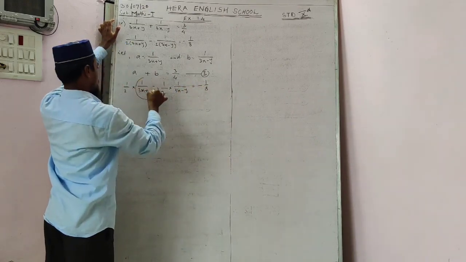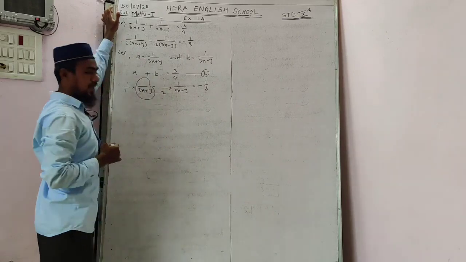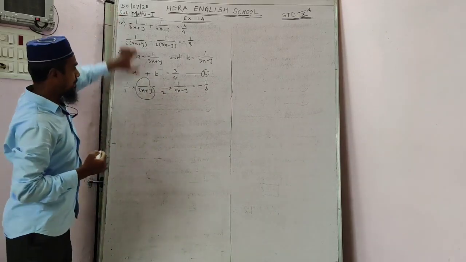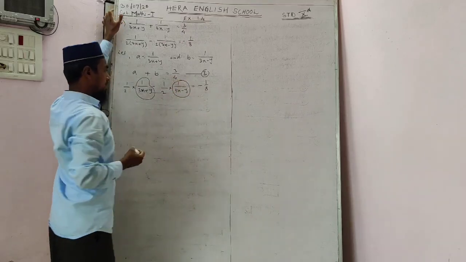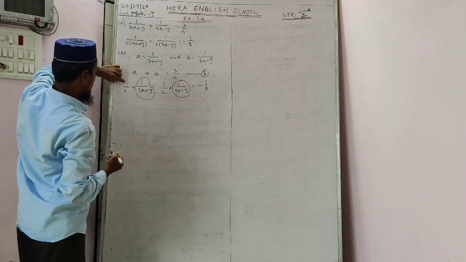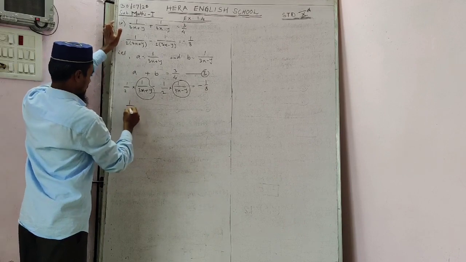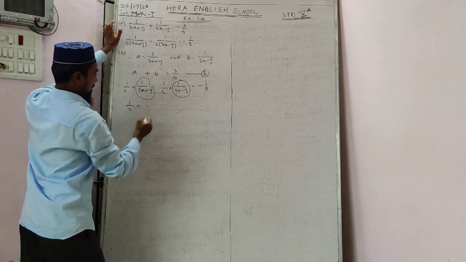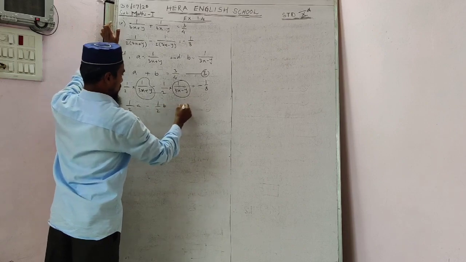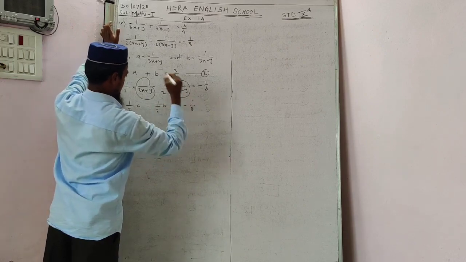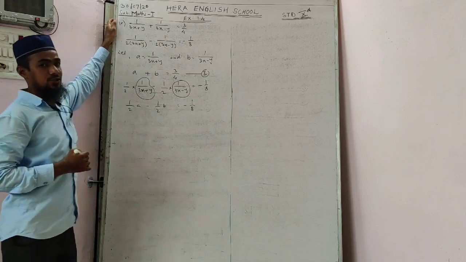In place of 1 upon 3x plus y we will keep a, and in place of 1 upon 3x minus y we will keep b. So you will get 1 upon 2a minus 1 upon 2b is equal to minus 1 upon 8. You got this equation.